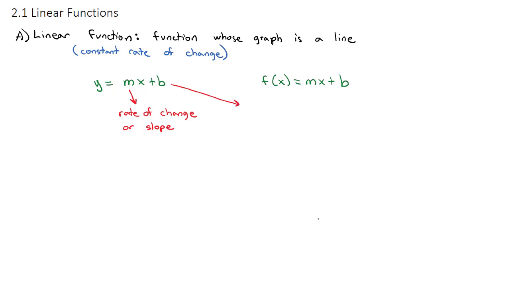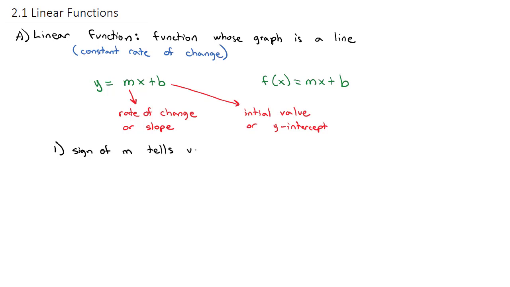B is going to represent what you might call the initial or starting value, or you'll also hear it referred to as the y-intercept. And with the f of x notation, m and b mean the same things, the rate of change and the initial value.